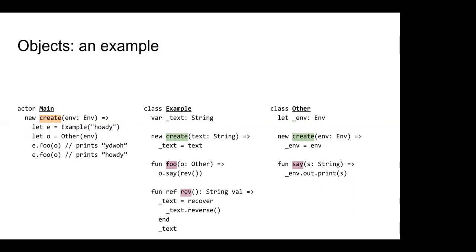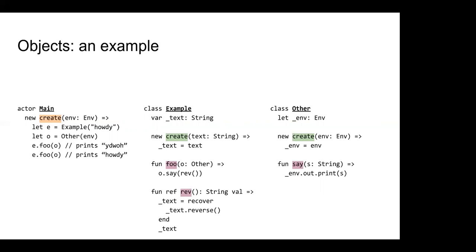But pay attention to the flow of the program here. What Main does is it creates an Example object, and it creates an Other object, and then it calls the foo function of Example twice with the Other object. If you take a look at Example, it gets initialized in that create function with a string.